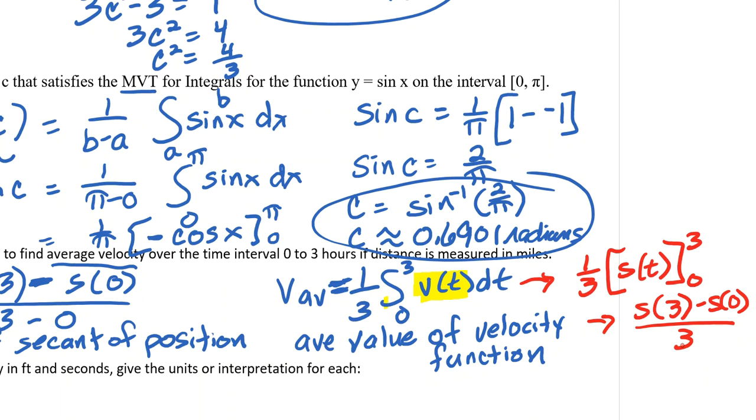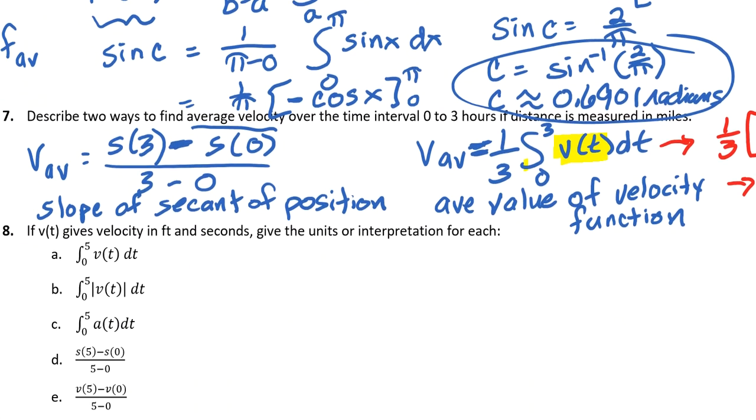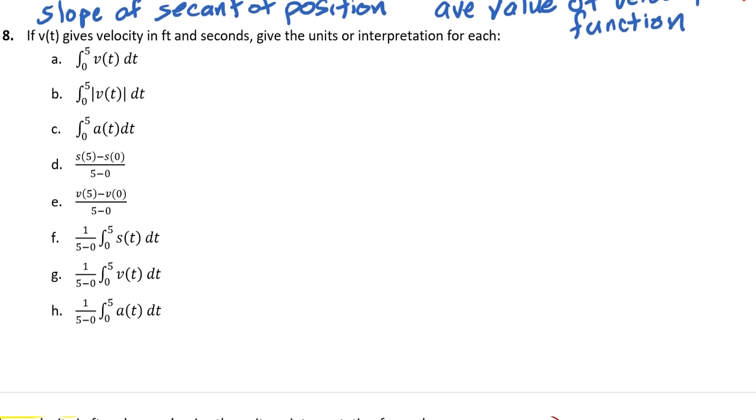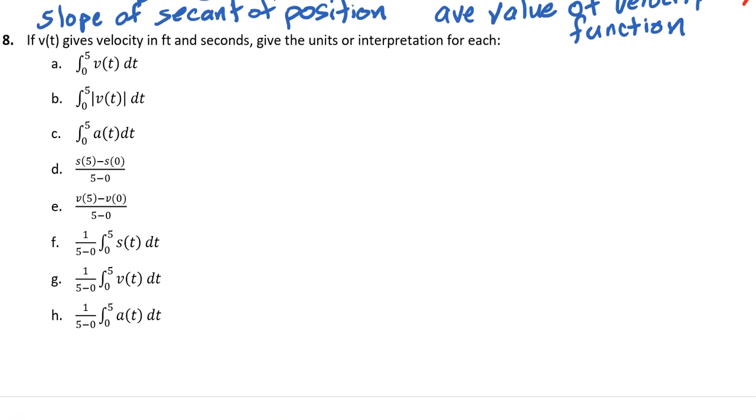So the slope of the secant of the position function and the average height of the velocity function are indeed equivalent. All right, so now we have to make sure we can understand the units and what we're coming up with when we evaluate some of these. So if you are integrating velocity from 0 to 5, we know that that gives us the displacement or net distance.